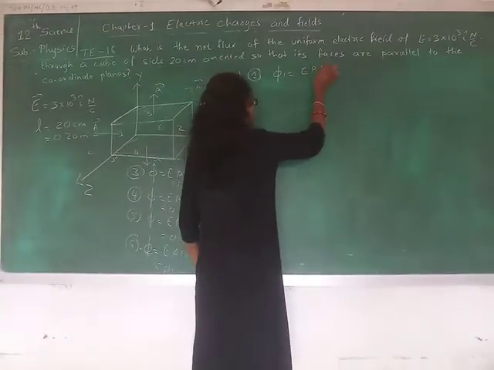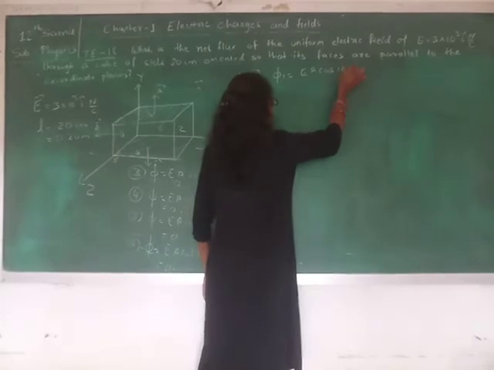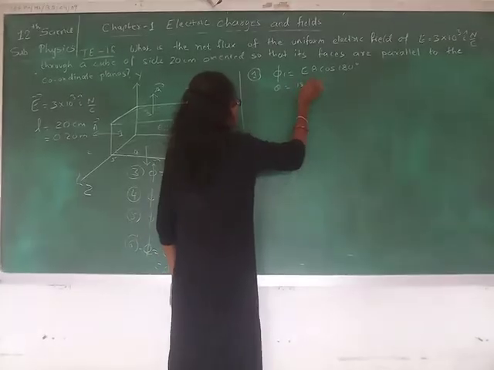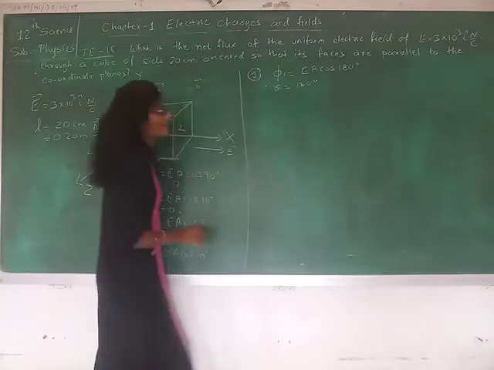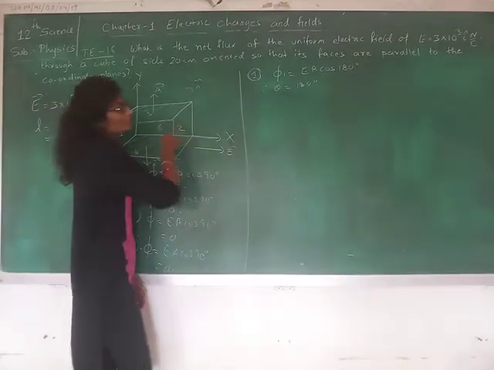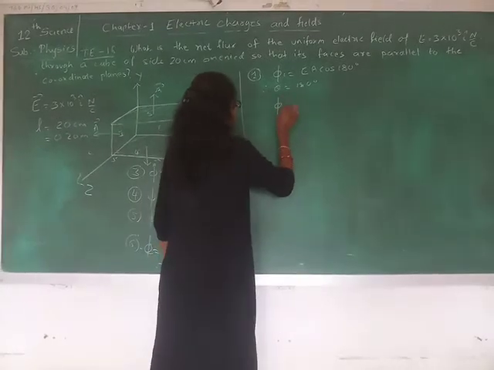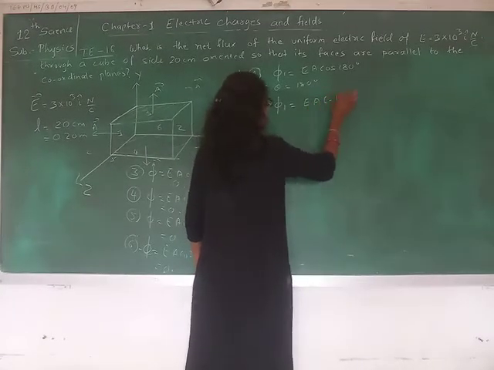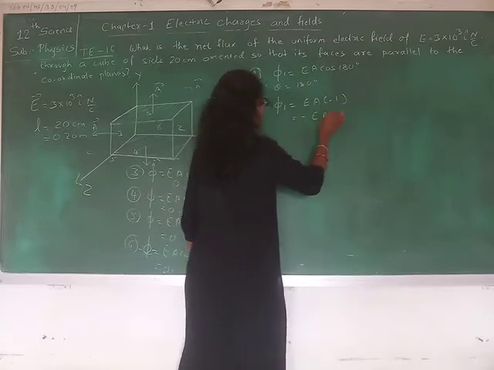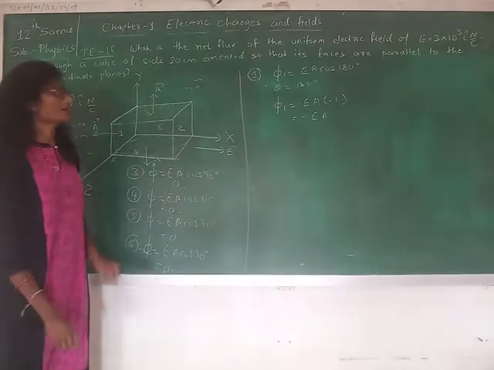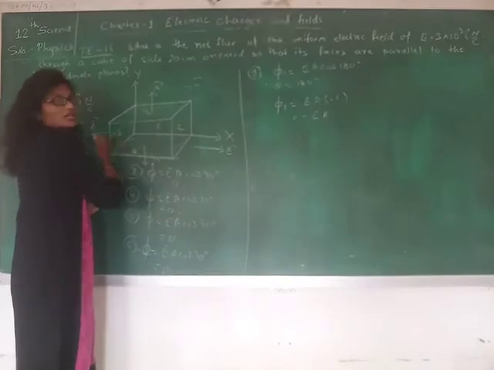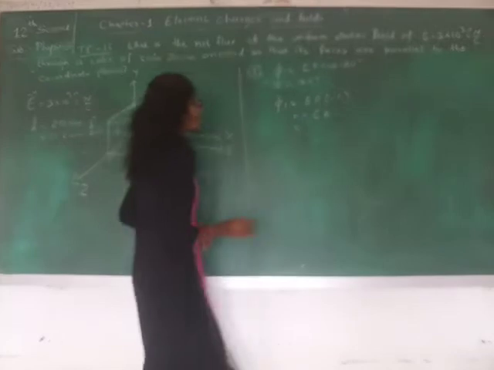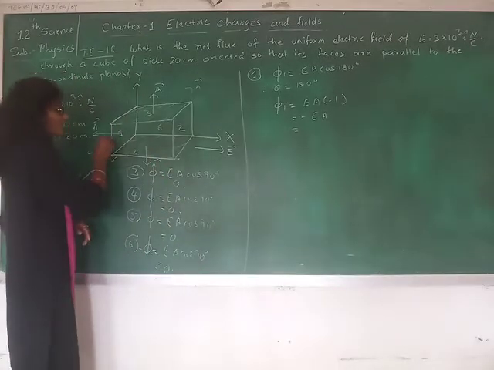So here we have EA cos 180 degree, because theta equals 180 degree, the angle between A and E. So that becomes phi 1 equals EA times minus 1, or minus EA. Here A is the area of this face of the cube, and we have taken the side of this cube as L.